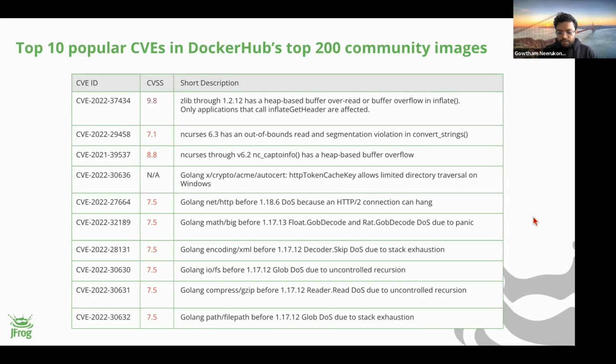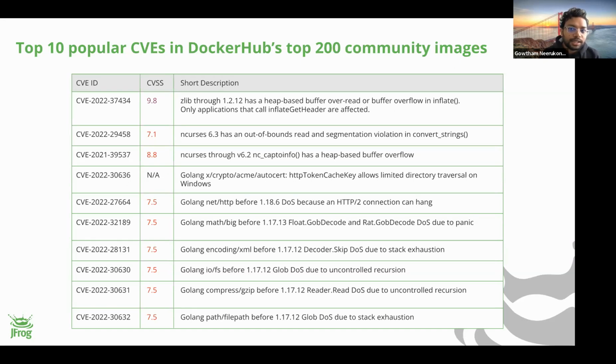So in order to make sure that the logic that we have developed to prioritize the CVEs, as well as design the contextual analyzers around these CVEs, we also put our tool to the test by analyzing the top 200 community images that are popularly downloaded from Docker Hub.